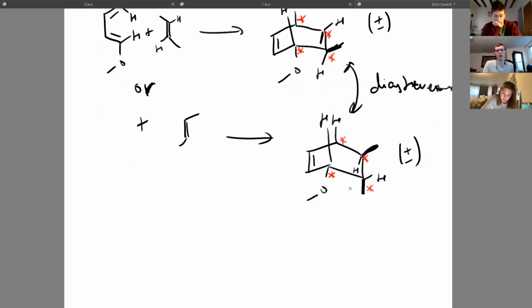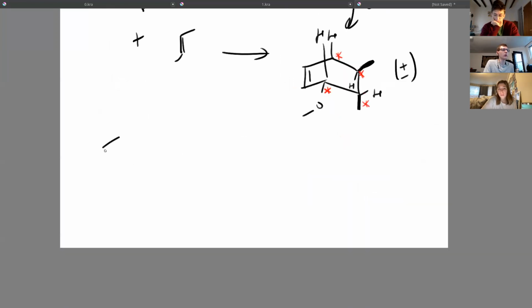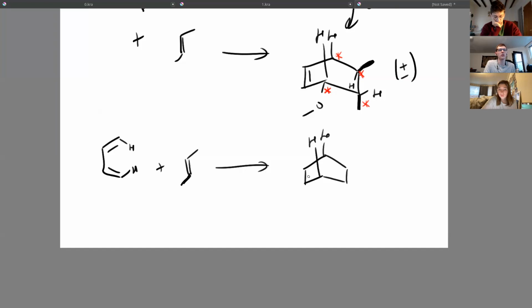And why was I making a whole big deal out of the fact that there's this O-methyl here? If, on the other hand, we were to have just this normal molecule, and we were to do this, there's that hydrogen, there's that, right? We put in our double bond.